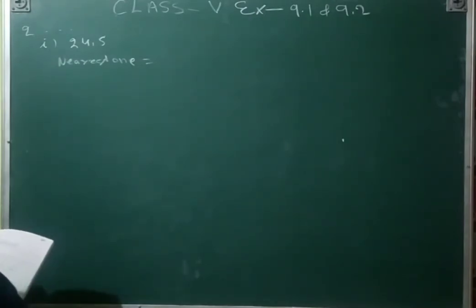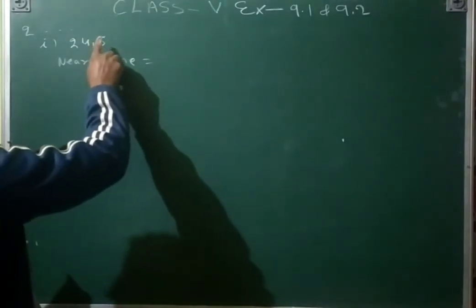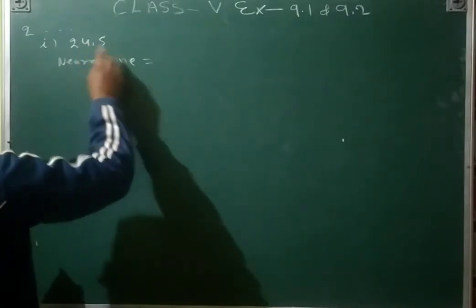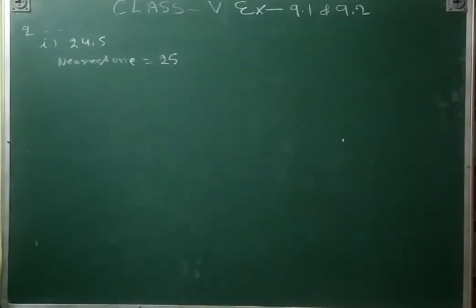So that will be 25, because this is the 5. If here is 5, 6, 7, 8, 9, then this one changes, otherwise that will be the same.